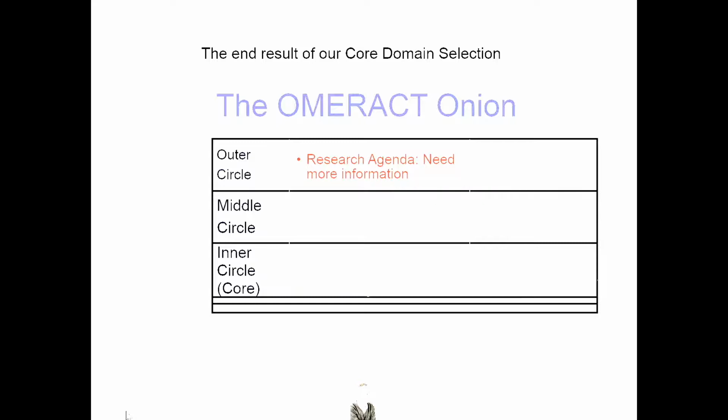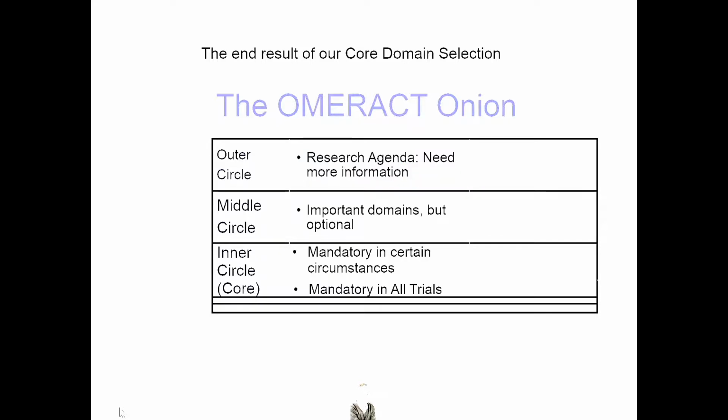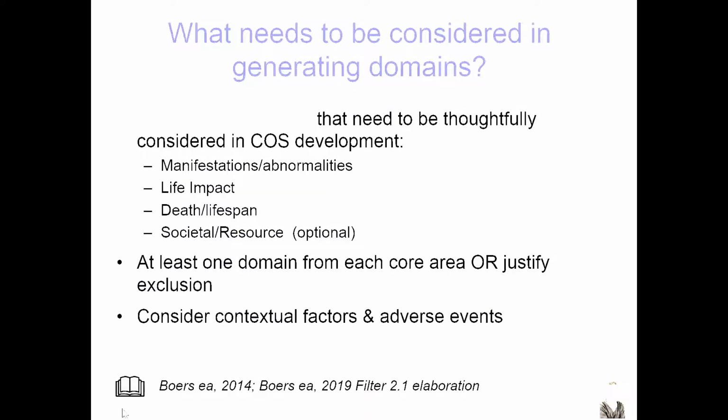Before we can make it mandatory, you first have to develop an instrument. So all these domains we put on the research agenda, and they belong to the outer circle. These all together form the core outcome set or domain set from the perspective of OMERACT.